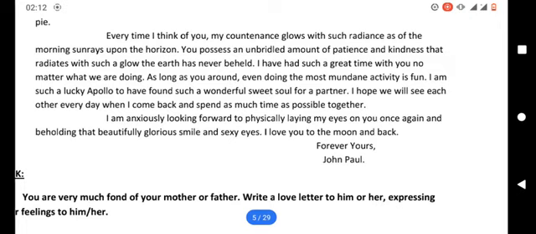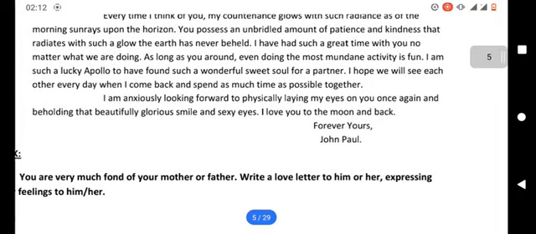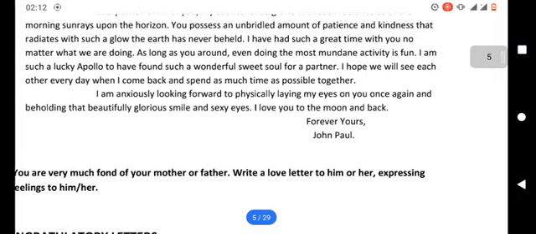You possess an unbridled amount of patience and kindness that radiates with such a glow the earth has never beheld. I have had such a great time with you, no matter what we are doing. As long as you are around, even doing the most mundane activity is fun. I am such a lucky Apollo to have found such a wonderful sweet soul for a partner.